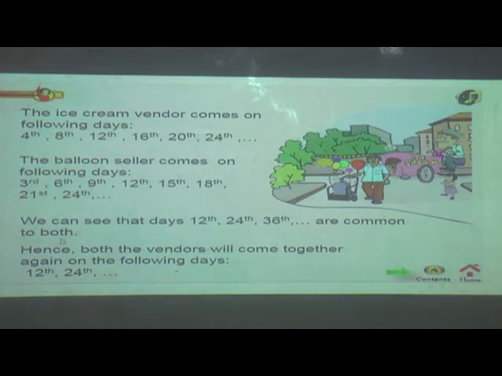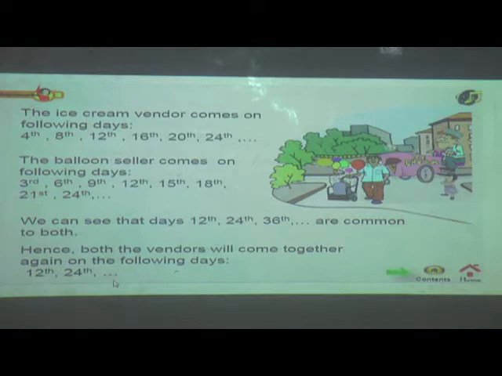It means on the 12th, 24th and 36th day, the ice cream vendor and balloon seller come on the same day. Hence both the vendors will come together again on the following days, like 12th, 24th, 36th and so on.